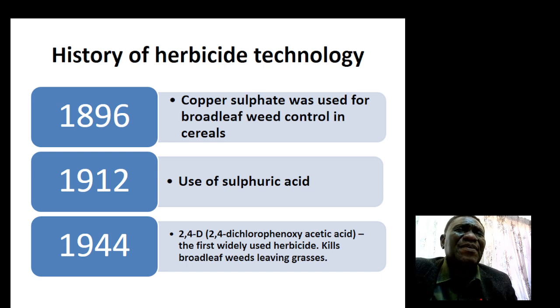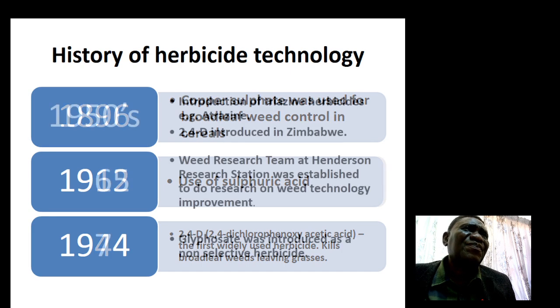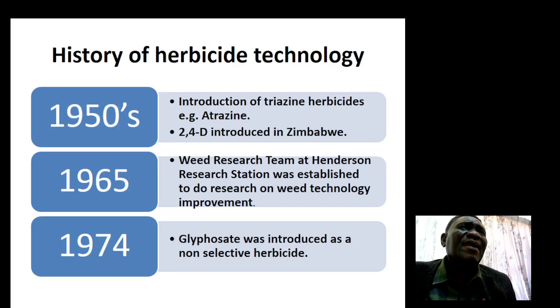And the first herbicide to be developed was 2,4-D, 2,4-dichlorophenoxy acetic acid. This could actually kill weeds selectively in cereals. In the 1950s, we had the triazine herbicides being introduced, and the 2,4-D was also being used in Zimbabwe by that time.